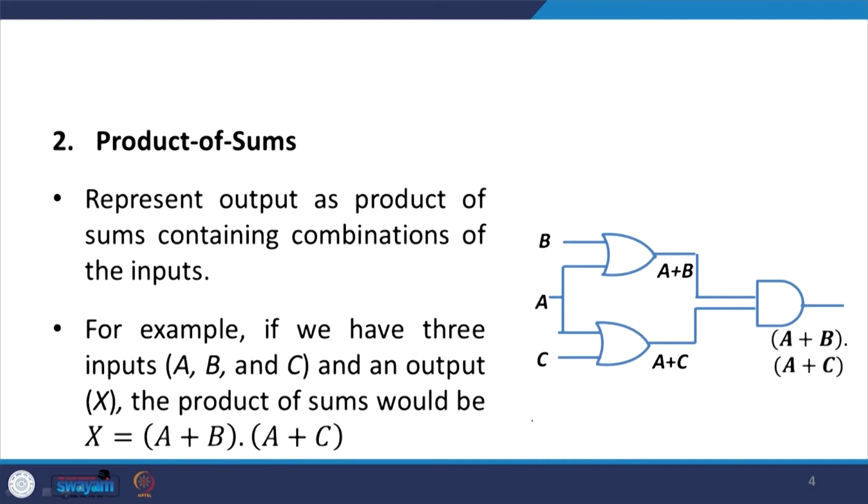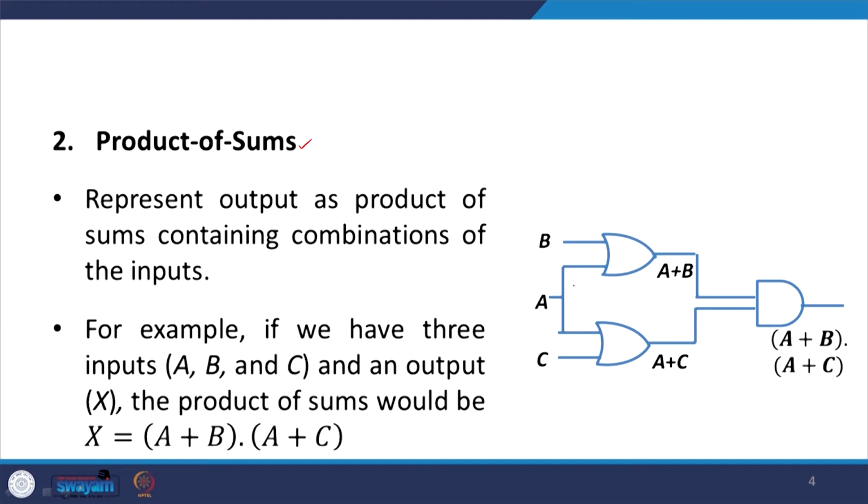The second method is what we call the product of sums method. Here the inputs are given to two OR gates, and the outputs of these two OR gates are given as input to an AND gate.